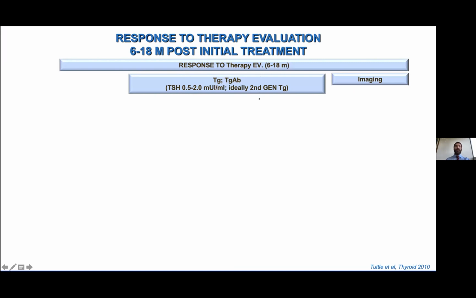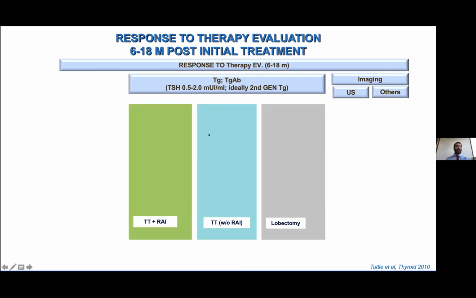And ideally with second generation thyroglobulin. For imaging, we will always use ultrasound at that time, and we can use, as I said before, other imaging depending on the risk of recurrence and other features of the case. The classification of the response to therapy will depend on the level of thyroglobulin, thyroglobulin antibodies, and the imaging.